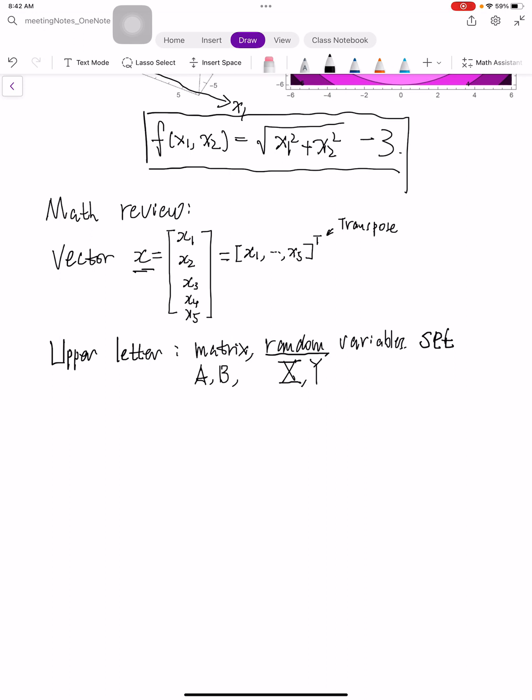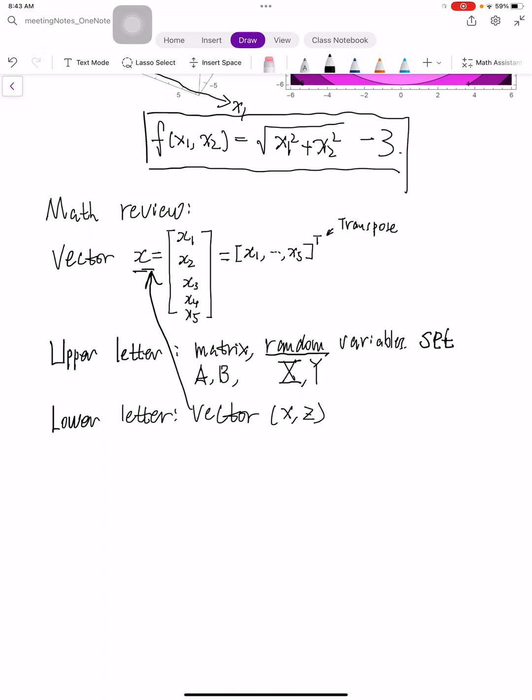And the lowercase letter denotes a vector, like the x we just showed you, for example x, z, to denote a vector of the feature space.